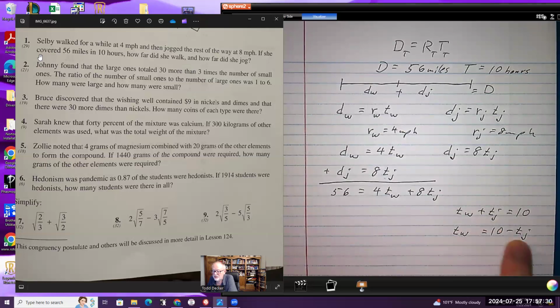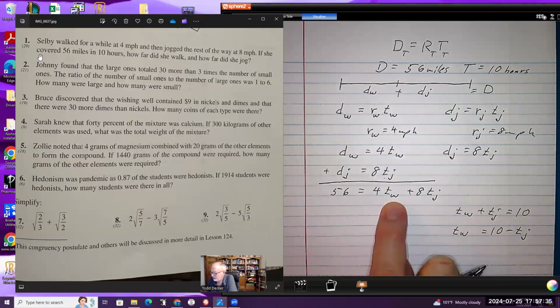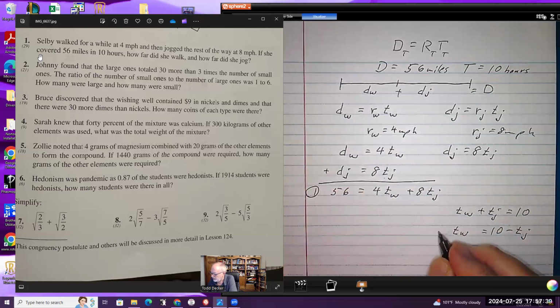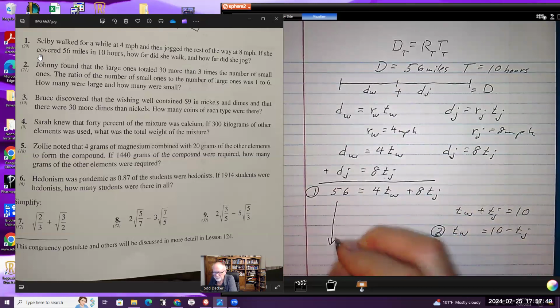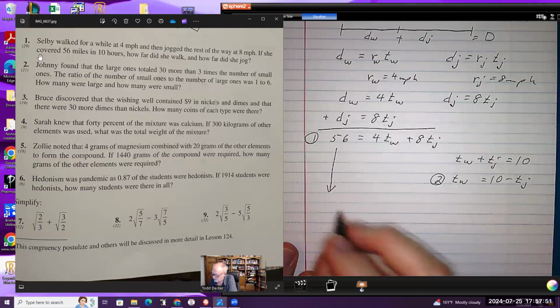And now that I've solved for T sub w, I can substitute it into this equation. See, I've got two equations, equation 1, equation 2, and two unknowns. I can solve this sucker. So let's bring this down. Give us a little bit more room.